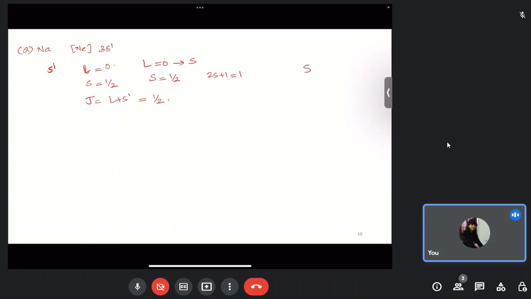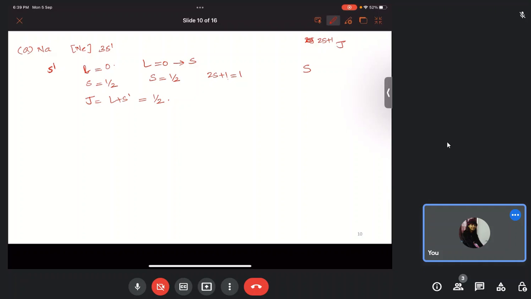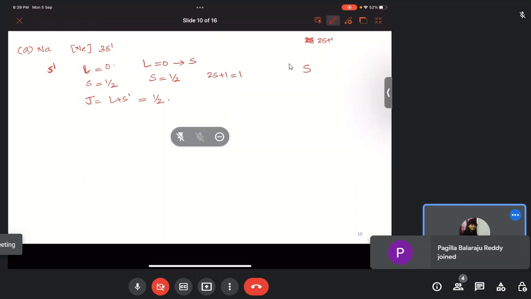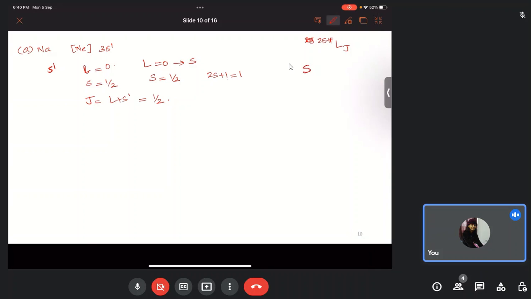So it's going to be 2S plus 1, L, J, and L is S here, so the subscript is going to be 1/2 because the J value is 1/2. Sorry, this is going to be 2, since 2 times 1/2 plus 1 is 2.